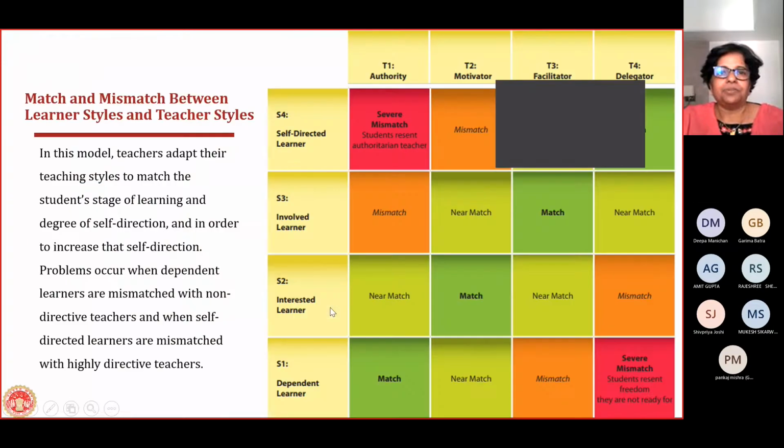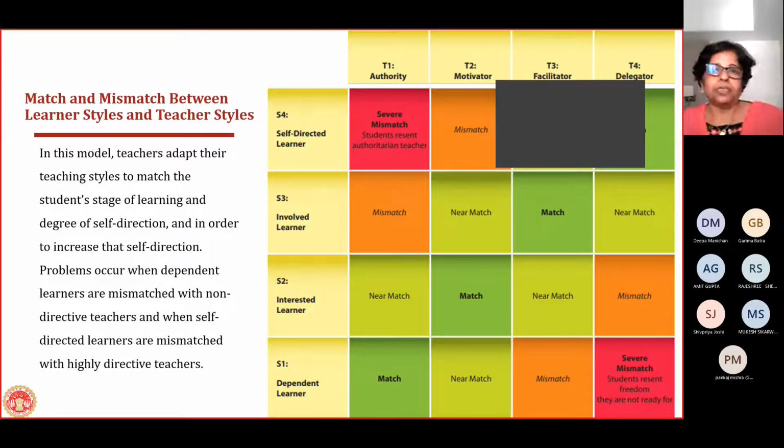Again, the andragogy pedagogy principles, and we also went through the different learning styles and the different teaching styles. If the learning style and the teaching style do not match, then there is a severe effect on the learning process.